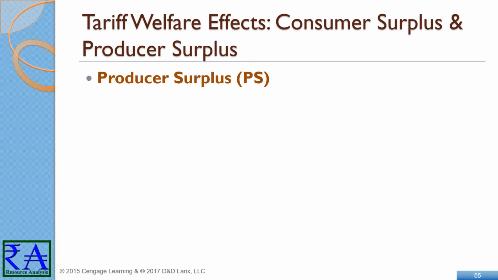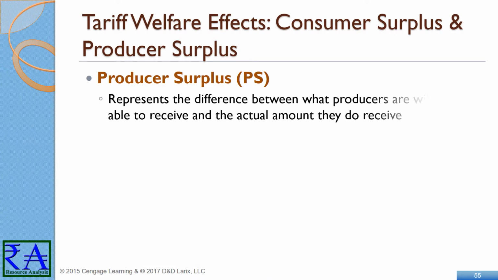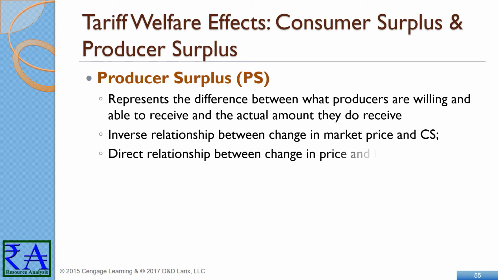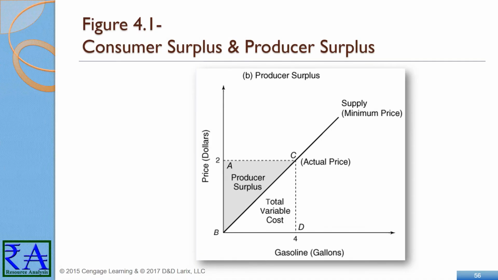Producer surplus uses the same concepts, in reverse, coming to us on the supply side. Producer surplus is the difference between what they are willing to receive for a commodity and the actual amount they do receive. Continuing our example of gasoline sales, from the producer's standpoint, surplus is the area above the curve and below the market price.